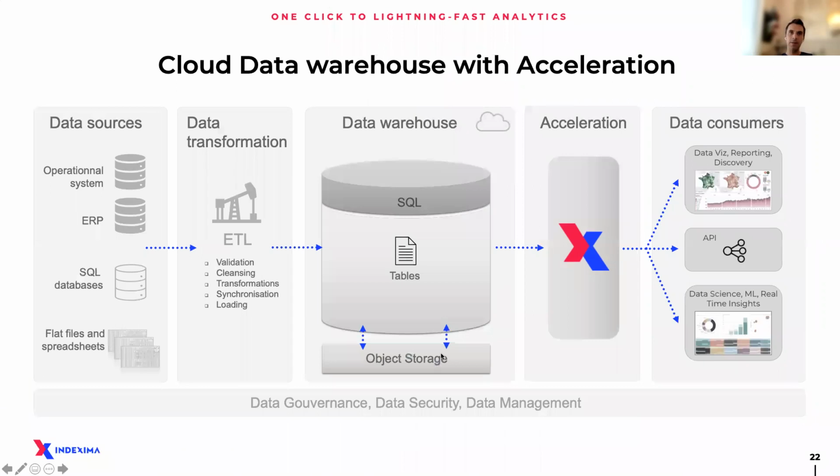What we have seen right now is how we added an acceleration layer between our data warehouse and our data consumers, here data visualization on Tableau. So in just a few clicks, we managed to go from a dashboard which took 50 seconds between each click to a dashboard which now takes 50 milliseconds between each click.